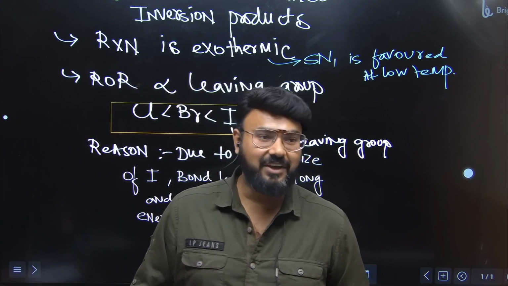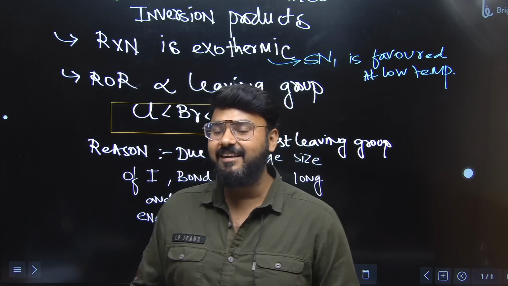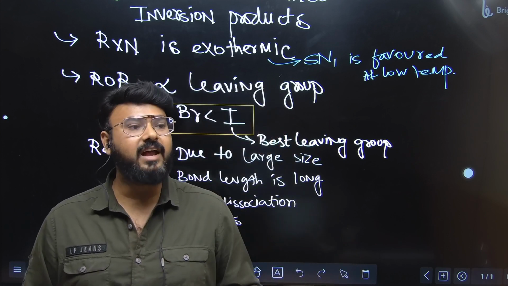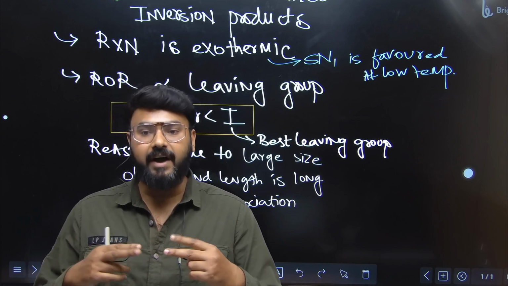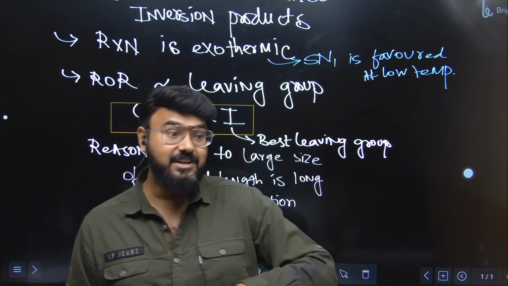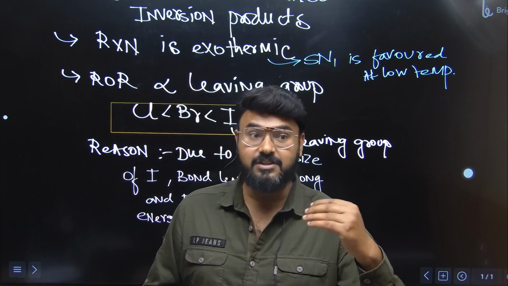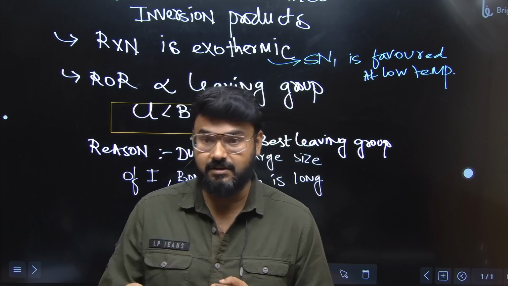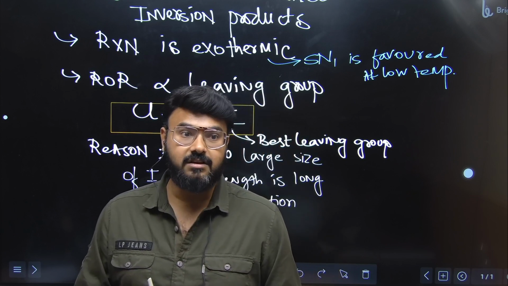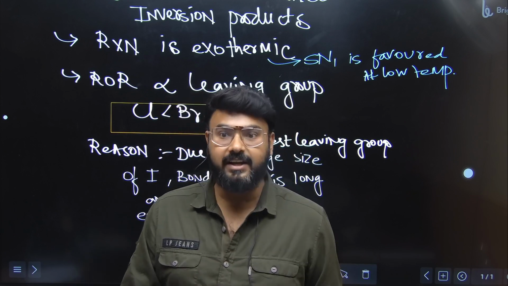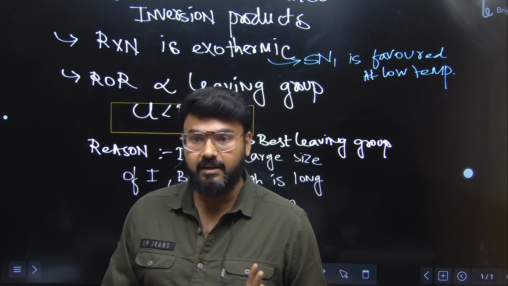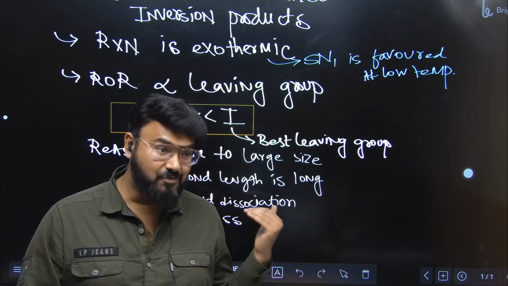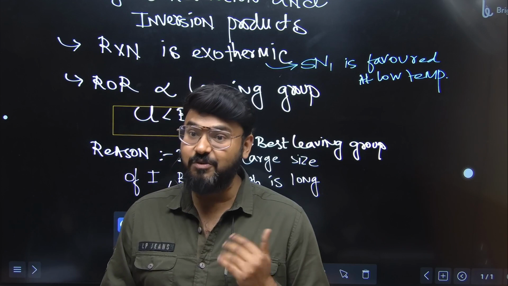So what I'm trying to tell is that SN reaction and elimination both fight with each other, and whichever attacks first wins. Let's say in an elimination reaction, if the electrophile attacks first, it will be declared as elimination. And if the nucleophile attacks first, it is declared as nucleophilic substitution.